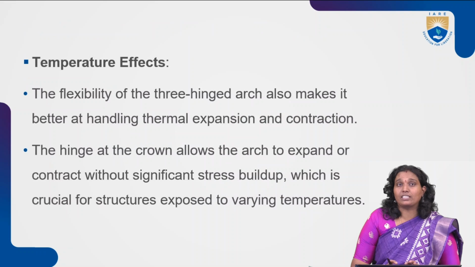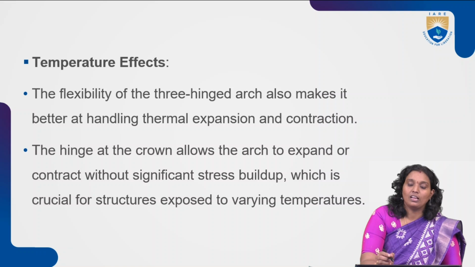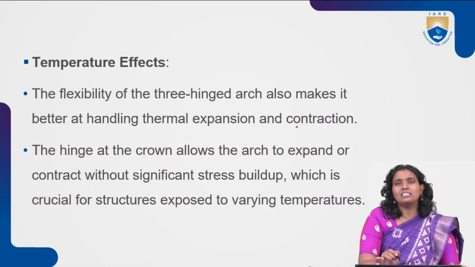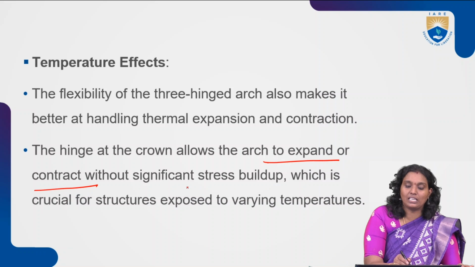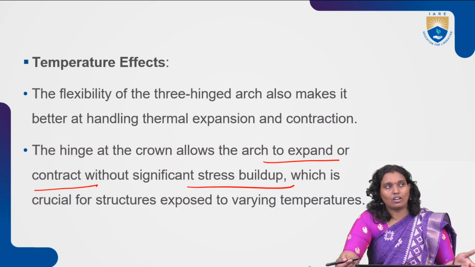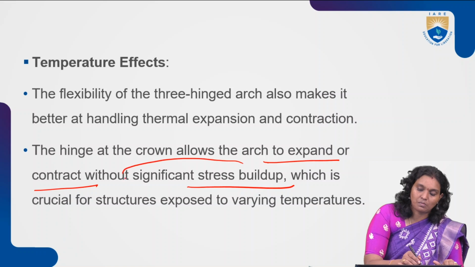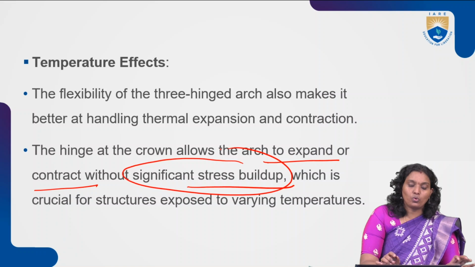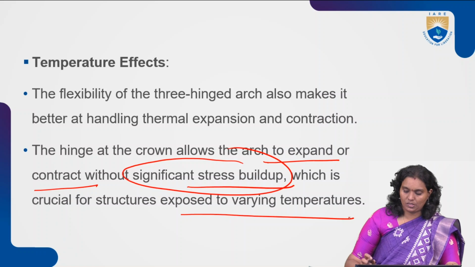And temperature effects. The flexibility of the three-hinged arch also makes it better at handling thermal expansion and contraction. The hinge at the crown allows the arch to expand or contract without significant stress build-up, which is crucial for structures exposed to varying temperatures.